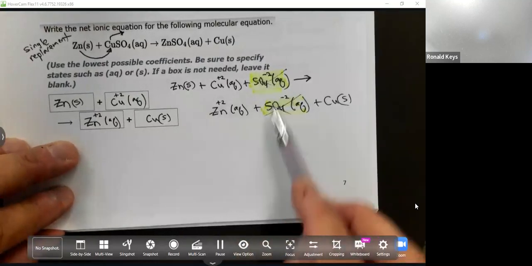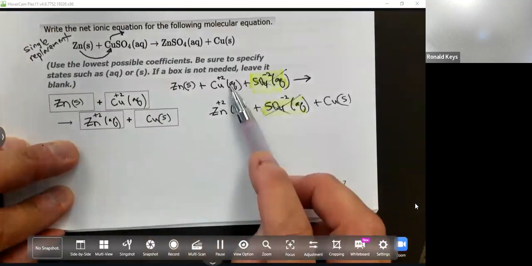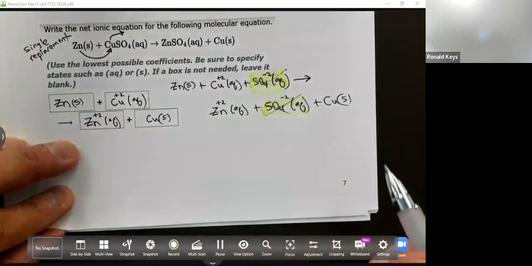Okay, net ionic: we just canceled out ions that are the same. If it's aqueous, you're just going to split them up into individual ions, right?